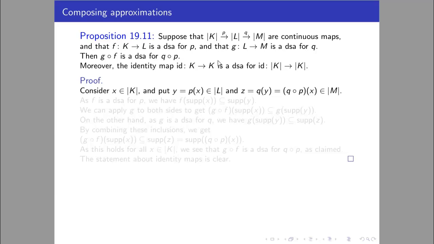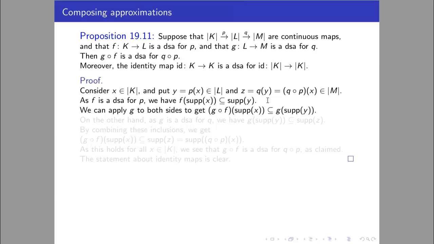So the proof of this first thing, okay, so we have to consider some point x in |K|, and we're going to put y as P of x, so that's lying in |L|, and z is Q of y, or Q composed with P of x, so that's in |M|. So the direct simplicial approximation property for F says that F of the support of x is contained in the support of y.